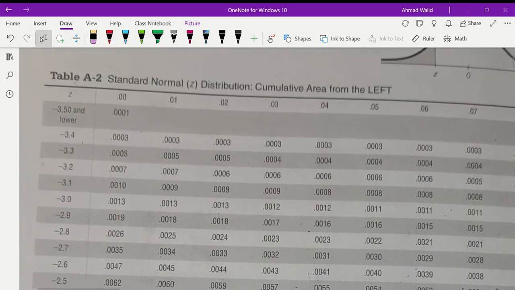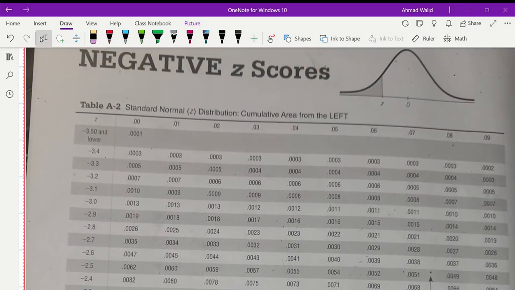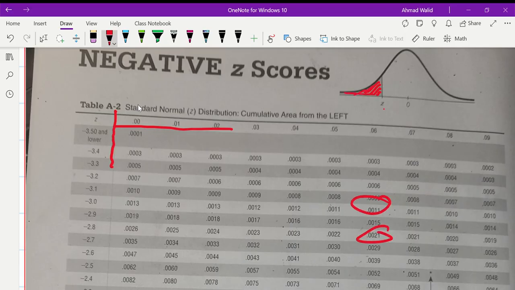In this table, the top row and first column show your z-score, and the body, all these numbers, is the area on the left side of the z-score. Any number that you pick from here shows this area on the left side of the z-score, not the right side, correct?